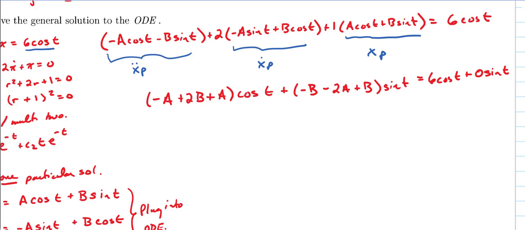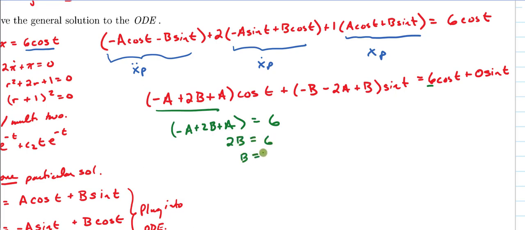And from this we can make the same equating-coefficients arguments that we've been making all along. So I'm going to say that minus a plus 2b plus a, which of course simplifies, needs to equal 6. So I get that 2b needs to equal 6, or b needs to equal 3. Likewise, I'll make the equivalent argument for my sine terms, and this tells me minus b minus 2a plus b, which of course simplifies, needs to equal 0.